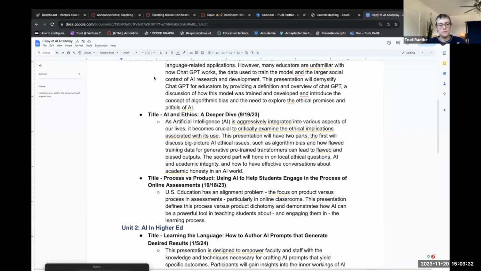That's not our mission. How do we get them to use it, but really talk about how it's your voice that matters? So we talk about this alignment issue, not only in AI but in higher education. Our students live in a product-driven world. How do we get them to think about the process? And then the second half of that session focuses on some practical ways in which we can do that. So first it's setting the table, and then we're going to eat, right?